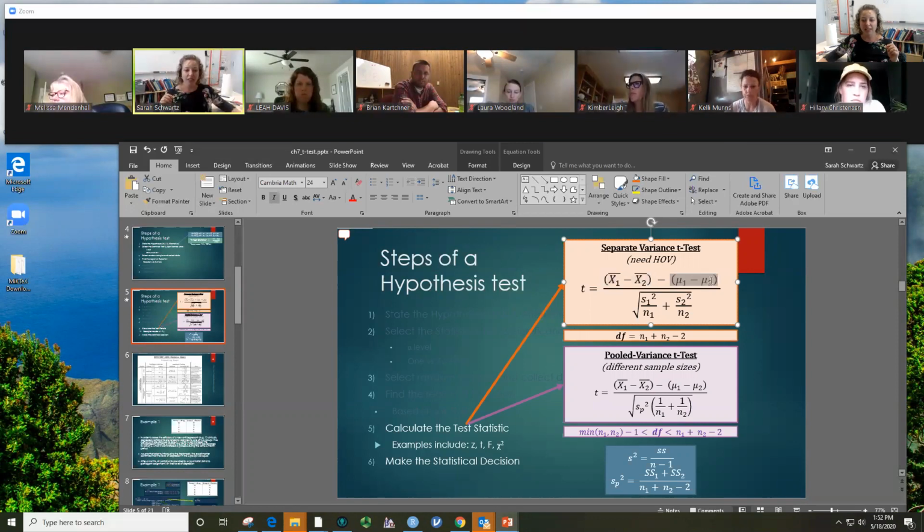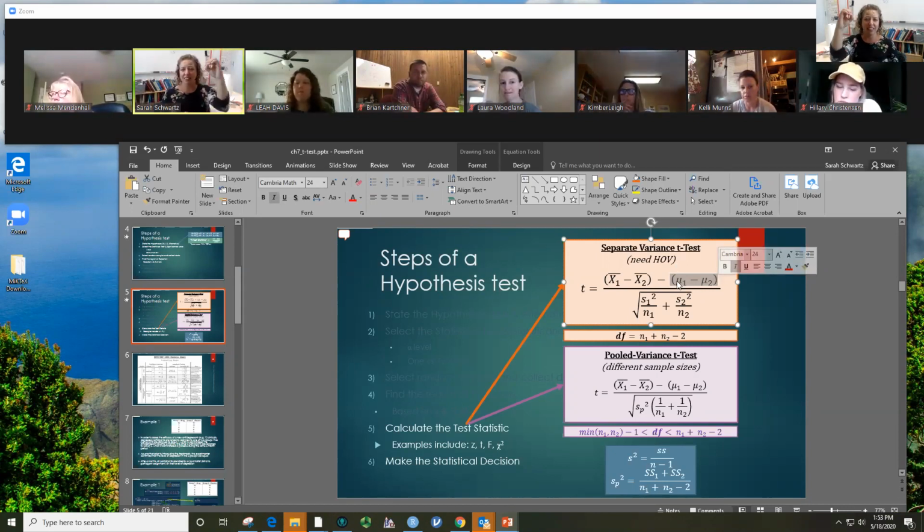Now what's in the second set of parentheses? Mu minus mu. What do we hypothesize that the difference is? What does the null hypothesis say? It's a tongue twister. The null hypothesis says there's nothing going on, there's no difference. So this second set of parentheses is almost always 0.